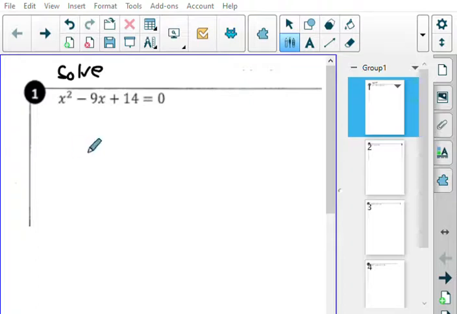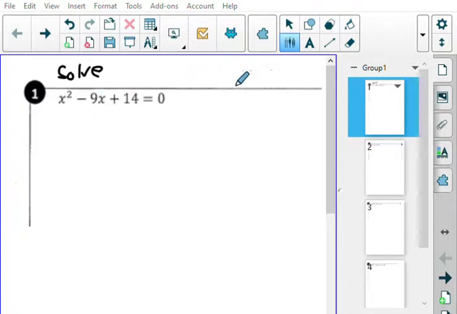Now, if you typed in the entire equation, the equals 0, it's no longer going to give you your parabola. It's just going to give you where your solutions are. So I want you to understand that when we type this in as it looks, Desmos does allow us to find where the solutions are in this way. Okay, so now we know the solutions are at positive 2 and positive 7.